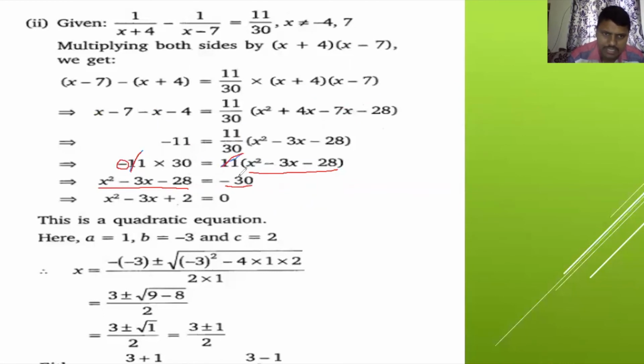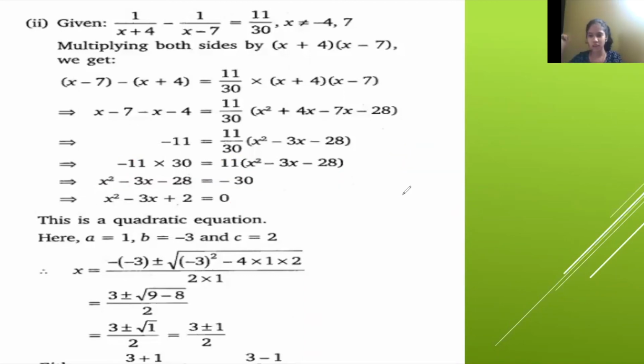If you take minus 30 to the LHS, minus 28 is there already, so minus 30 comes to this side as plus 30. So the answer is plus 2. Now the quadratic equation is clear to you all. What is the answer? I got 2 and 1.